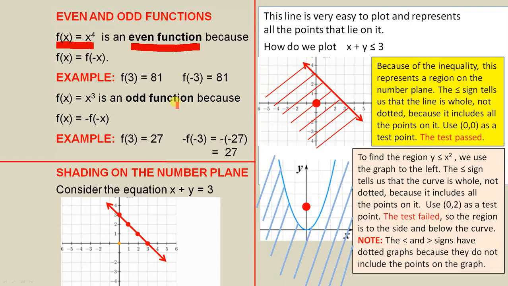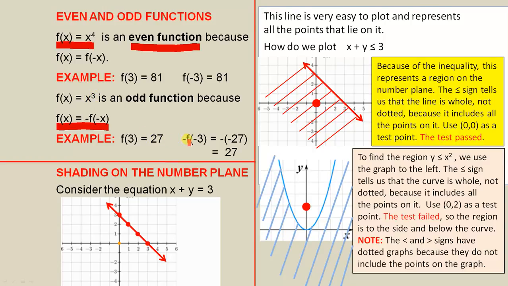Now, f(x) = x cubed is an odd function because f(x) equals minus f(minus x). We're going to use this specific example to illustrate that. f(3) is 27, because 3 cubed is 27.